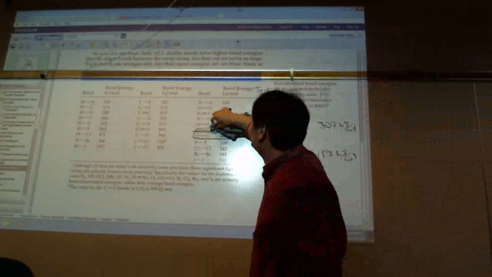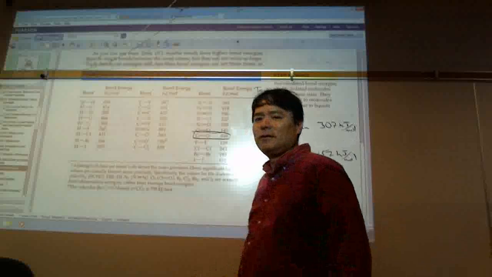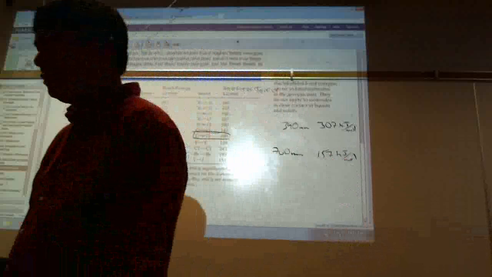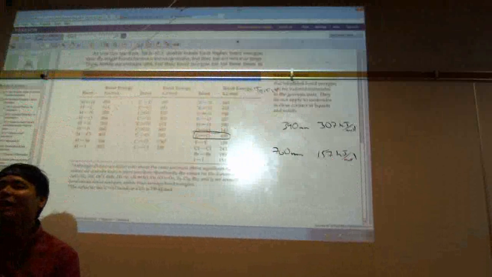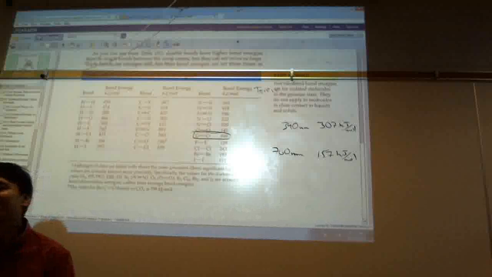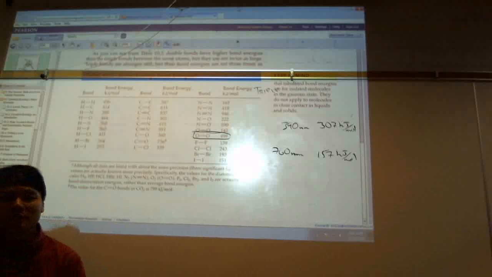So why don't you just do the same thing? Do the valence bond analysis. Valence bond meaning overlapping either unhybridized or hybridized atomic orbitals. Actually, maybe both for O2, and then tell me what you get.